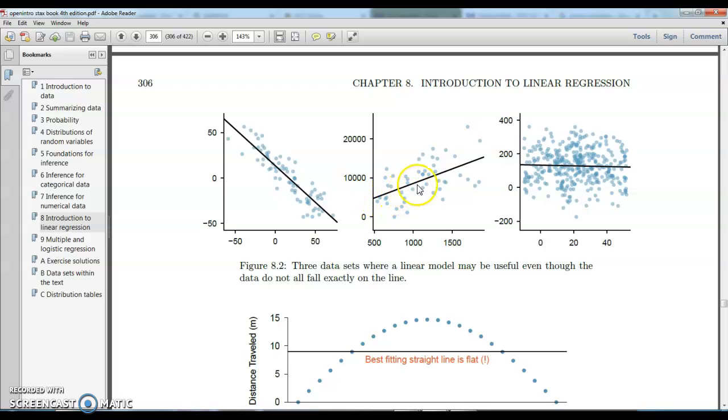Here's a positive correlation, and it's weaker because our points are more spread out when we're looking at the line. And here we would say this is probably no correlation, just because our points are spread all over the place, and this line basically looks flat. So here's negative and strong, positive and weak, and no correlation in those examples.